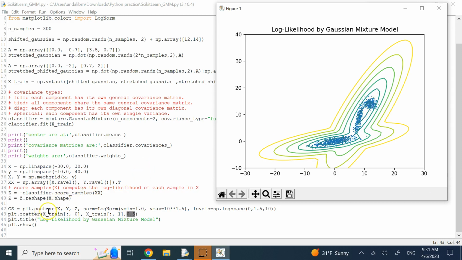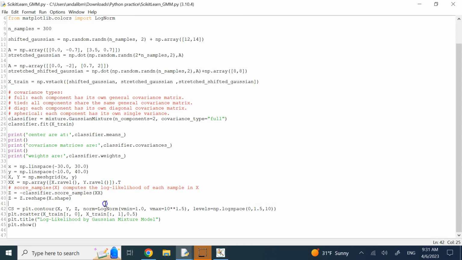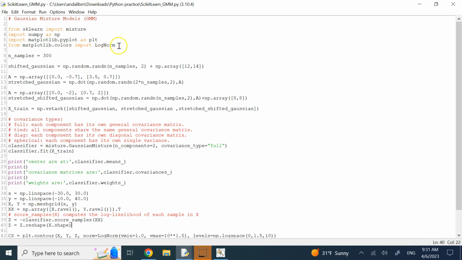And for my contour plot, I pass my X, Y, and Z, and then the next thing I need is this LogNorm. Remember, my contour plot here, the data that I got from these score samples are log likelihood, not regular numbers. They are not in linear scaling, they are in log scaling. So what I need, as I said in the beginning, you need to bring LogNorm from matplotlib.colors.